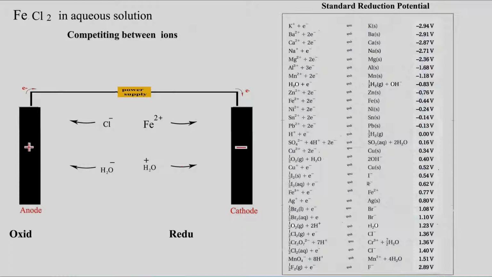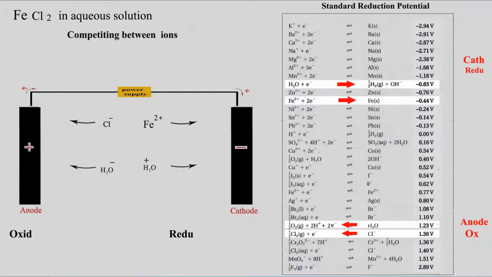And now let's highlight the standard reduction potential. Now we highlight the value. On the top, cathode, water and iron. At the bottom, anode, water and chloride.